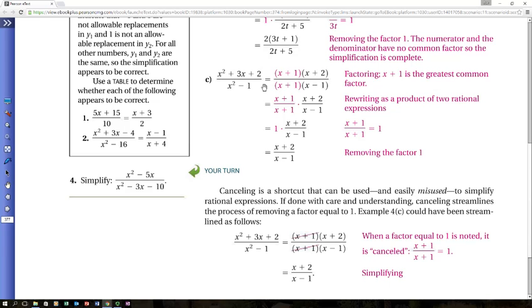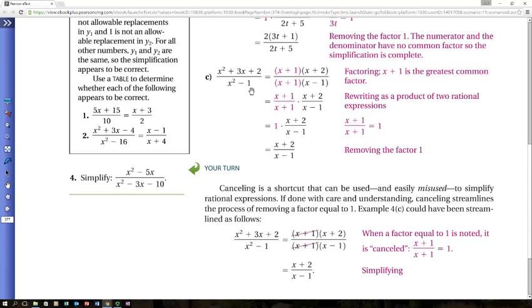Well, this happens to be a difference of squares. We always look for difference of squares first because it's simpler and an easier thing to factor. You'll get a lot better results if you do that. So they factor these two things. The numerator is (x plus 1) times (x plus 2), and the denominator is the difference of squares, a binomial (x plus 1) times a binomial (x minus 1).